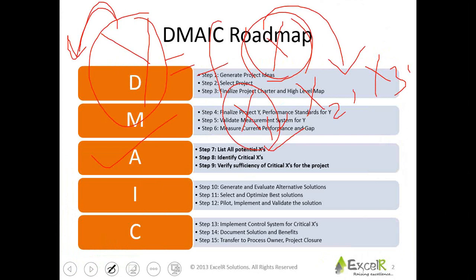Independent input means it doesn't have any dependency. Dependent input means they have some other dependencies. And second type of inputs are controllable inputs and something which you cannot control. I have to consider only controllable inputs for my Six Sigma project.